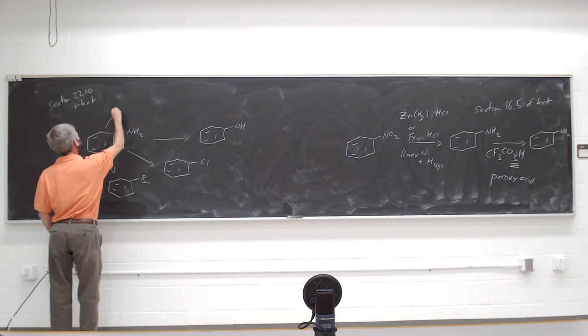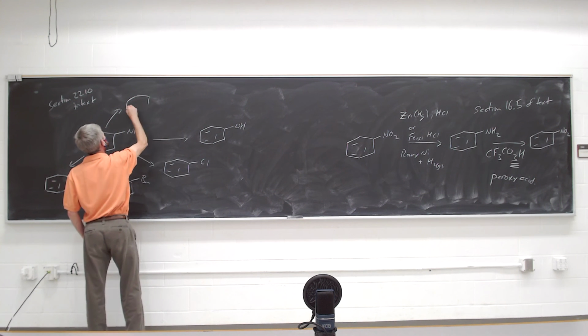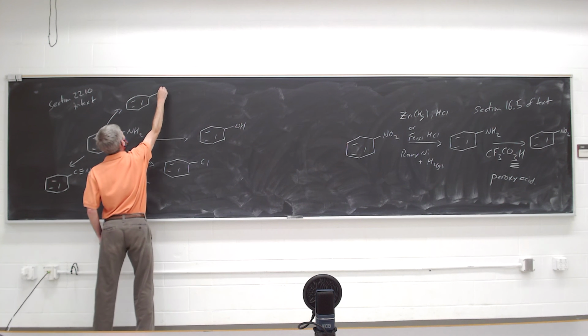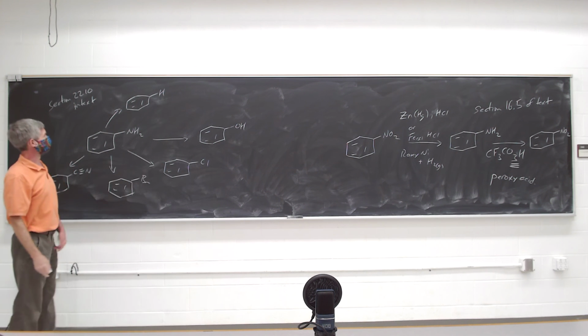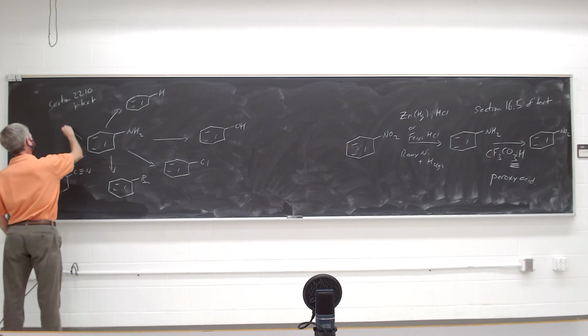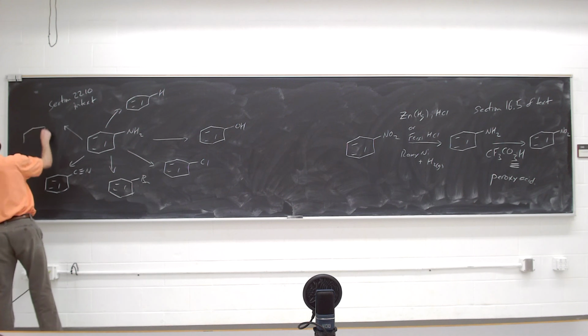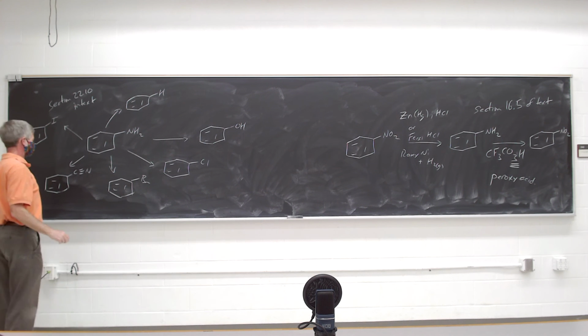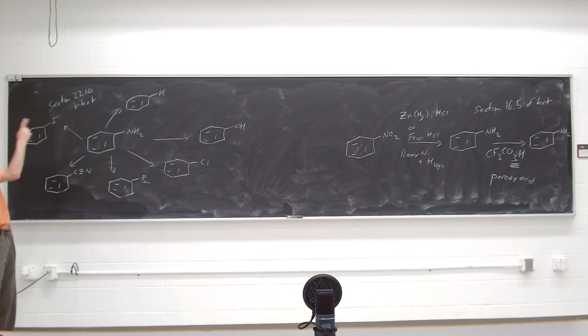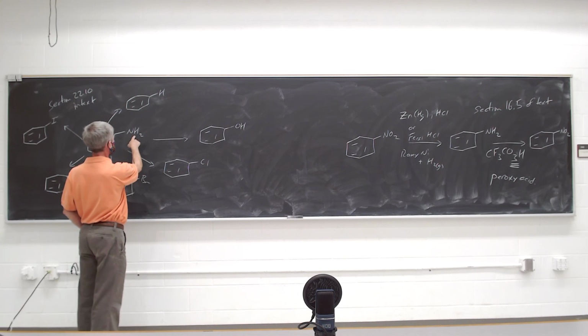You can also remove it completely. Just take it off there, convert it to a hydrogen, and you can convert it to an iodide. All of these reactions are based on the initial reaction of the NH2 group.